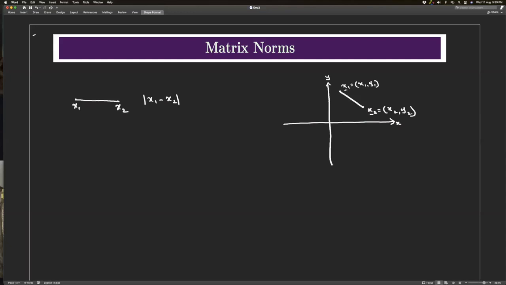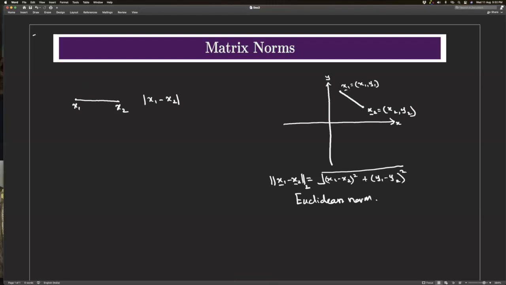And that will be given by the Euclidean formula, root of (x1 minus x2) whole square plus (y1 minus y2) whole square. And generally, we use the notation of 2 lines, then x1 minus x2, with subscript 2, right? Generally, it is called the Euclidean norm. Of course, this formula can be extended to Rn. In fact, this formula gives the physical distance between 2 points in Rn.